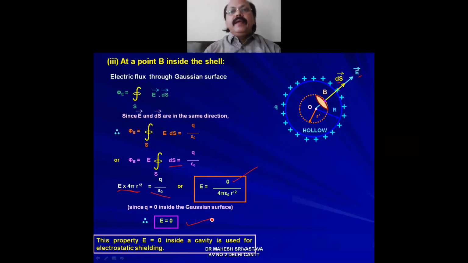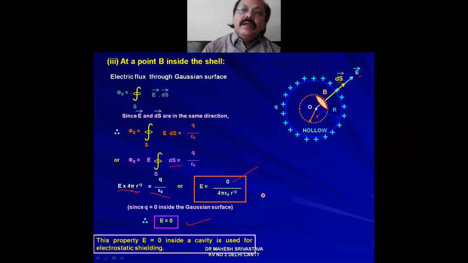That is the case of the cylindrical body which you have taken. But here, inside the spherical shell, there is no charge. That's why electric field inside is zero. So you remember it. Don't get confused.